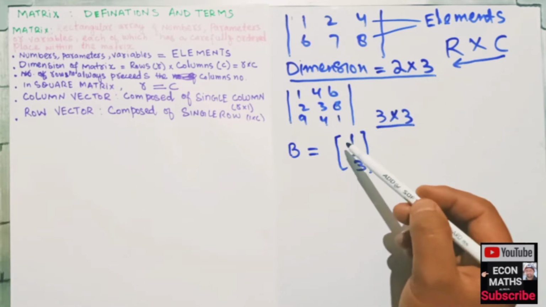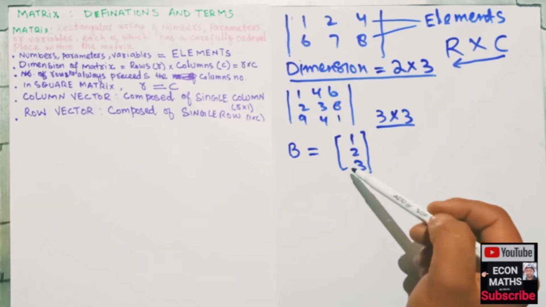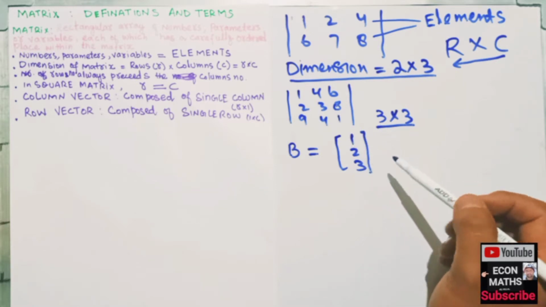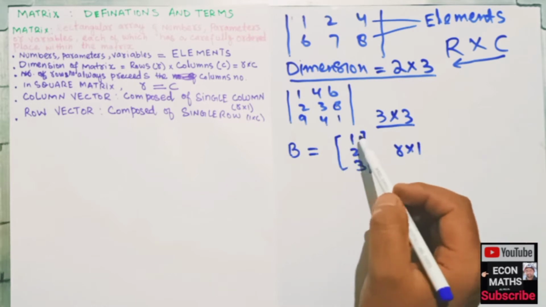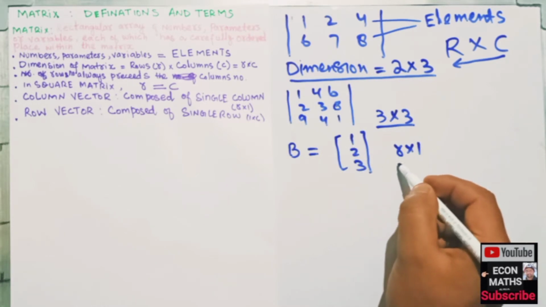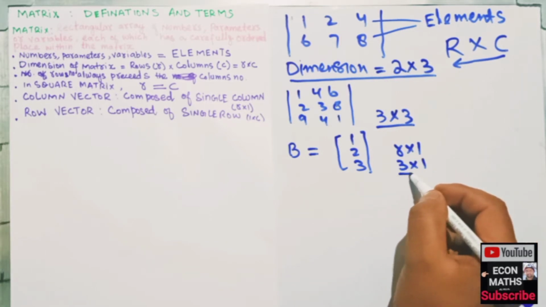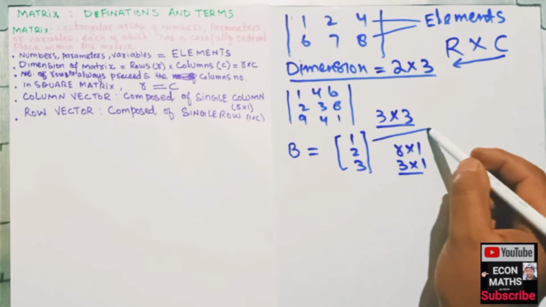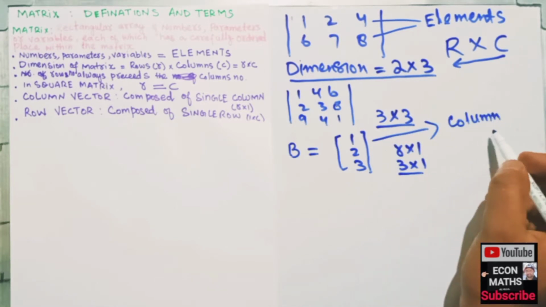Here the number of rows is 1, 2 and 3, but column is only 1. So this is written as R cross 1. Since the number of rows here is 3, I will write here 3 by 1. So this is a column vector.